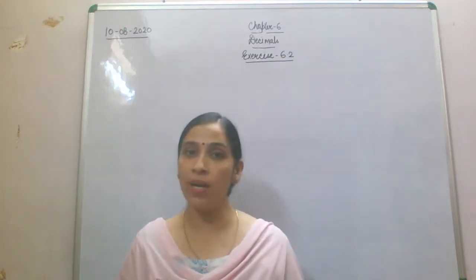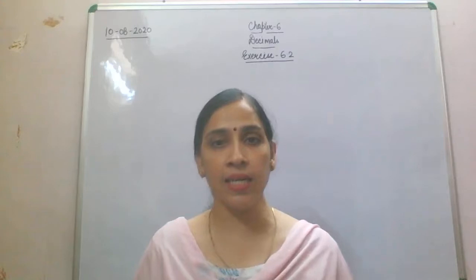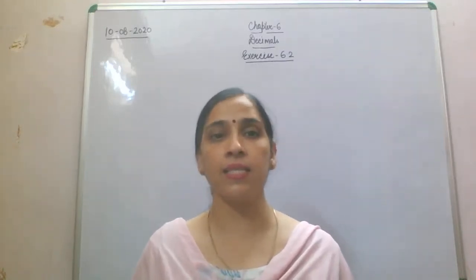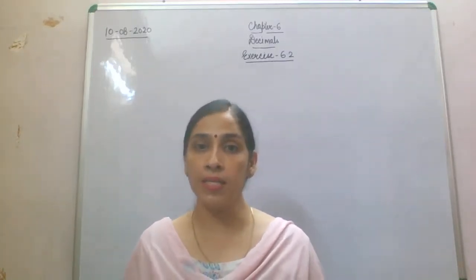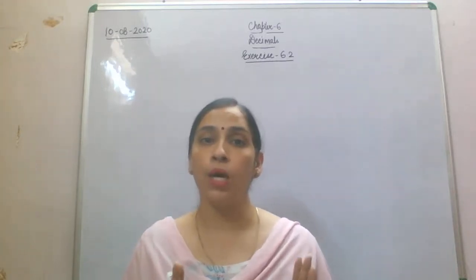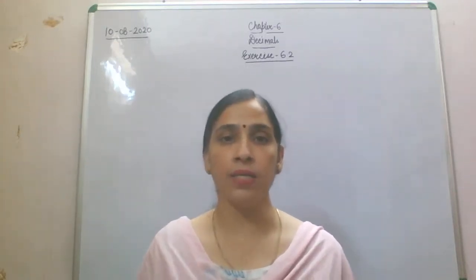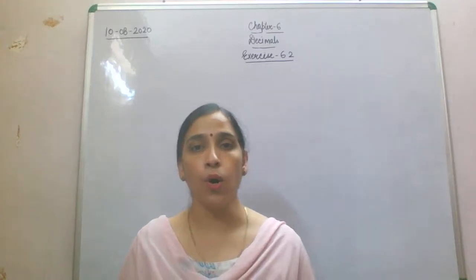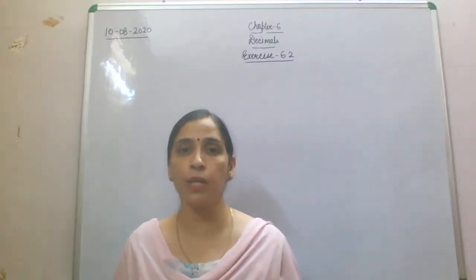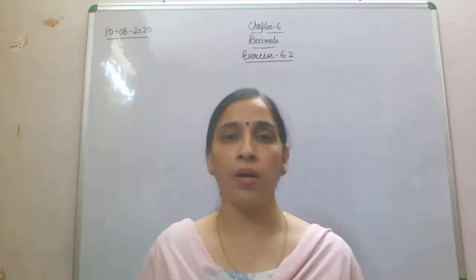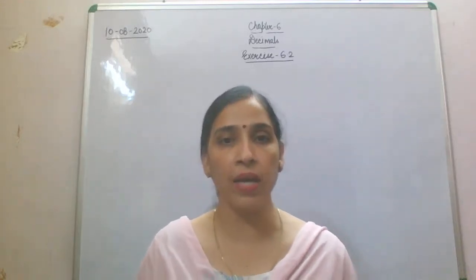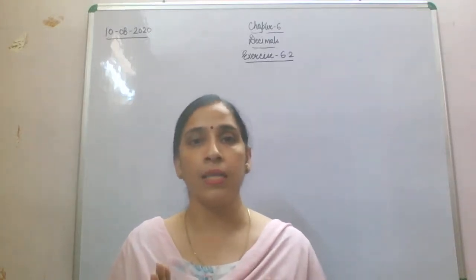Children, as you all are aware, we had started our chapter 6, that is decimals. Now what is a decimal? A point between two numbers is called a decimal, or a fractional part of a whole, or a fractional representation of any number.